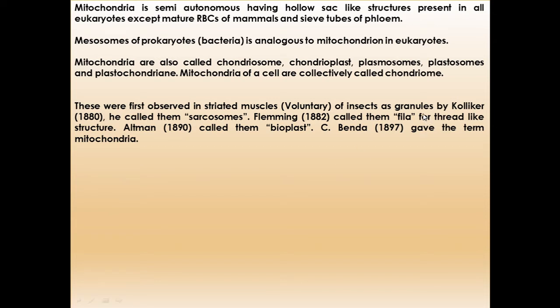So Kolliker observed mitochondria as granules, in voluntary or striated muscles of insects. What did he name them at that time? Sarcosome. As we already know, sarco is related to muscle, so he named it sarcosome.